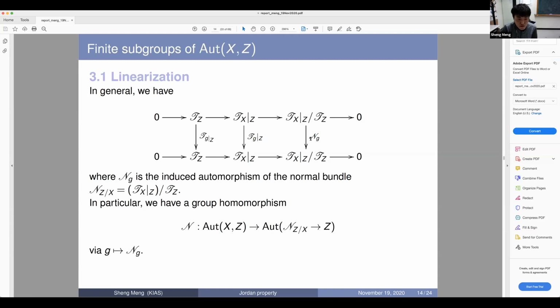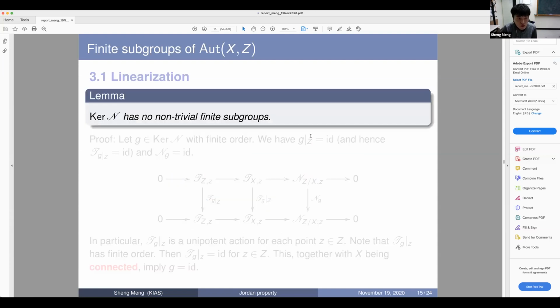Then we try to show that the kernel of this homomorphism has no non-trivial finite subgroups.